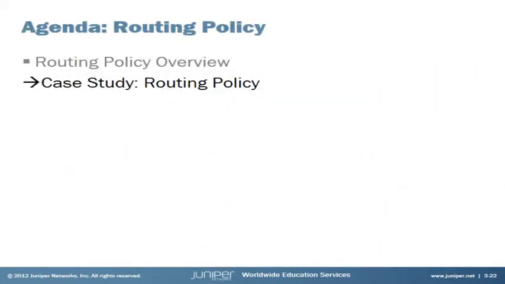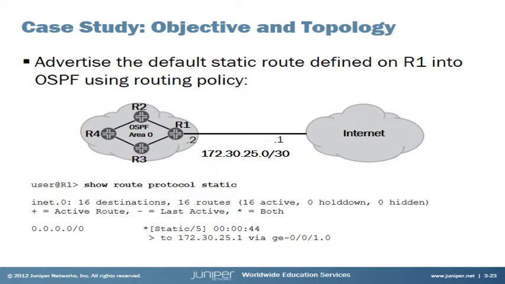Okay, let's take a look at a case study where we may want to use a routing policy. Our goal here is to advertise the default static route defined on R1 into OSPF using a routing policy. R1 has got a static route, it's connected out to the internet.